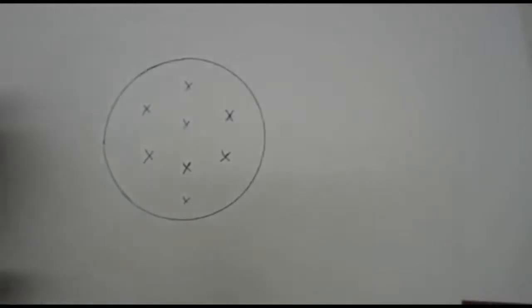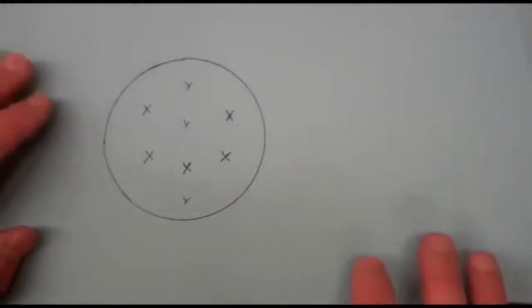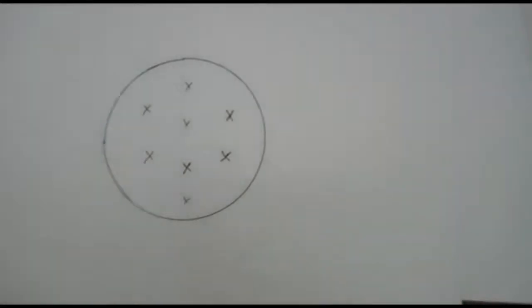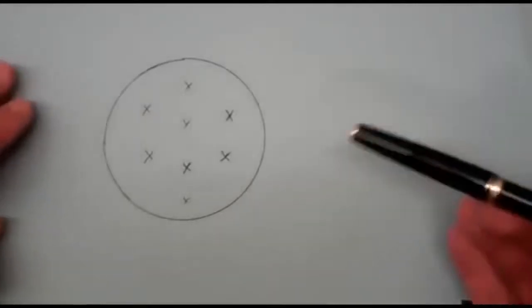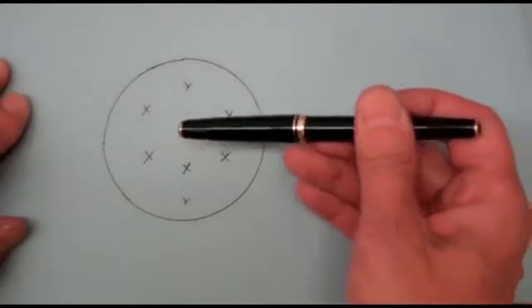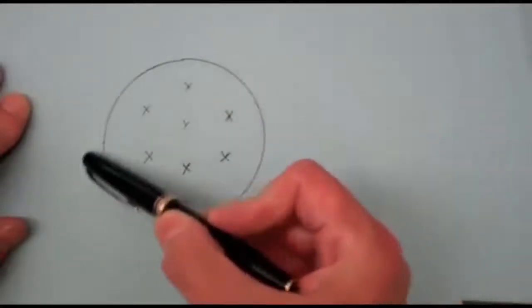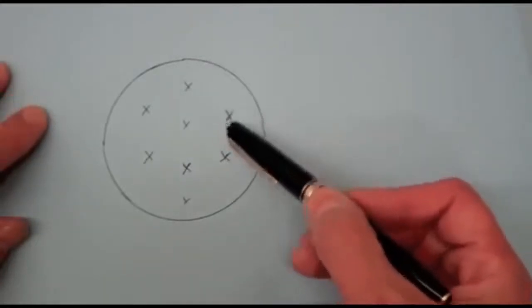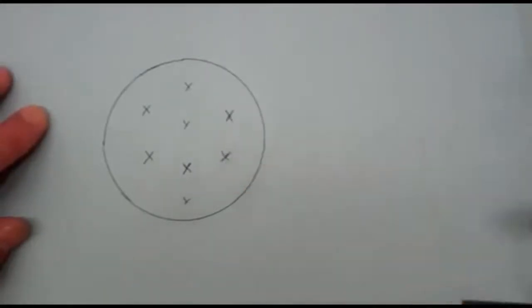Let's see if I can further clarify the eddy currents that will start to occur and the resulting magnetic field due to those eddy currents. Let's say we're sitting in the gap between those two magnetic poles, looking from the north to the south pole. This circle signifies the area of one of the poles, and these X's signify that the magnetic flux density is into the page.